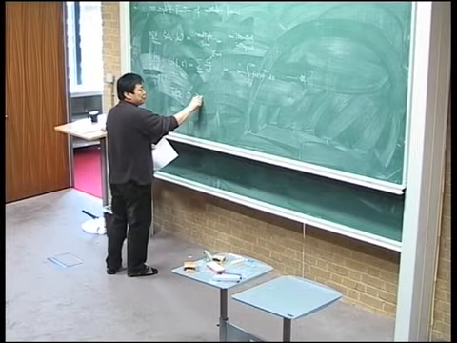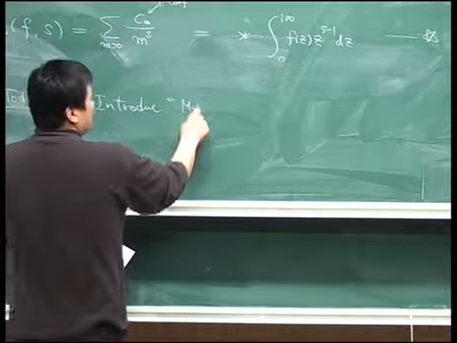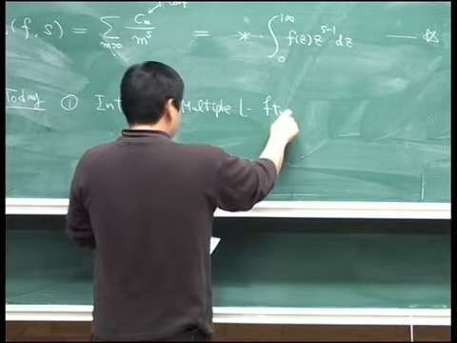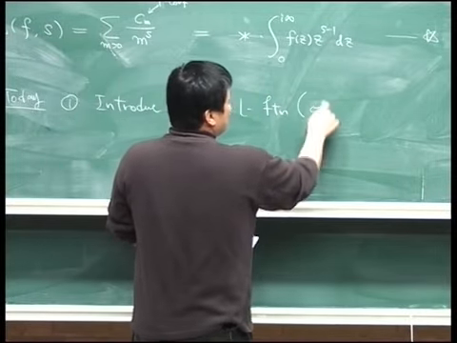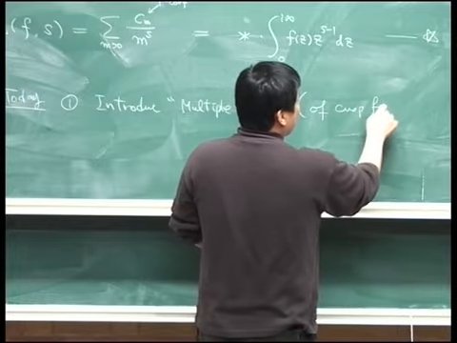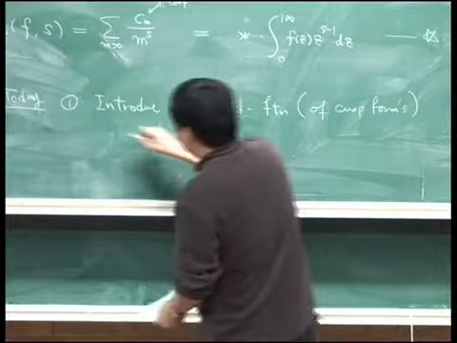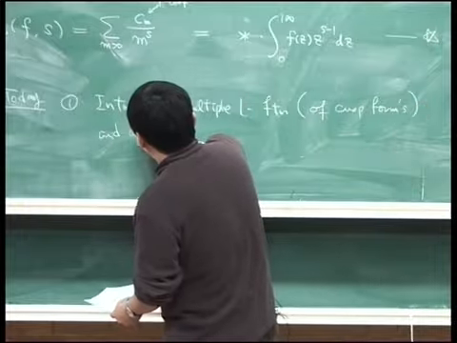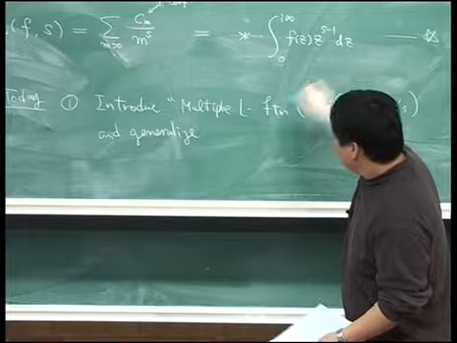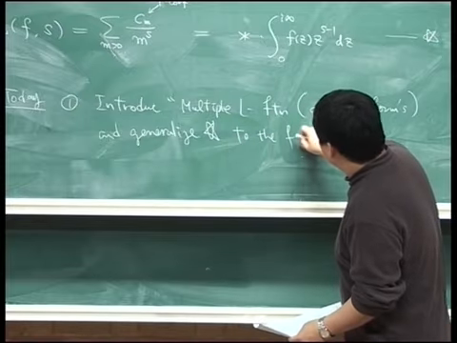Okay, let's start. So today, first I introduce the multiple L function associated to a set of cusp forms and generalize this identity to the following form.